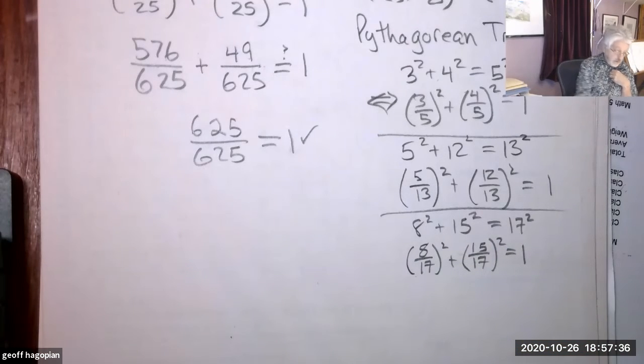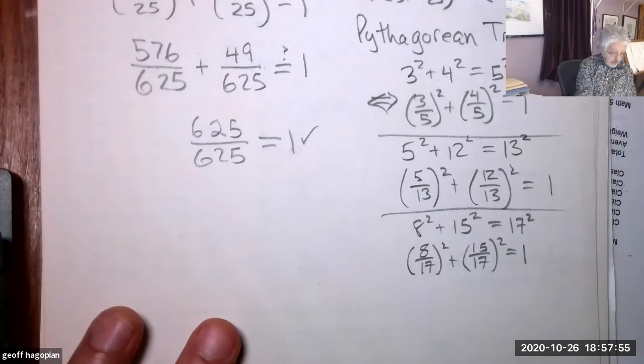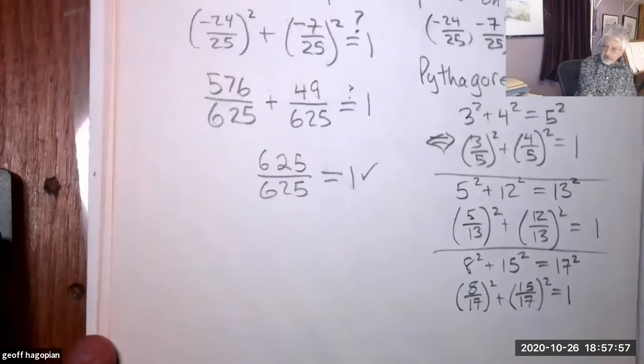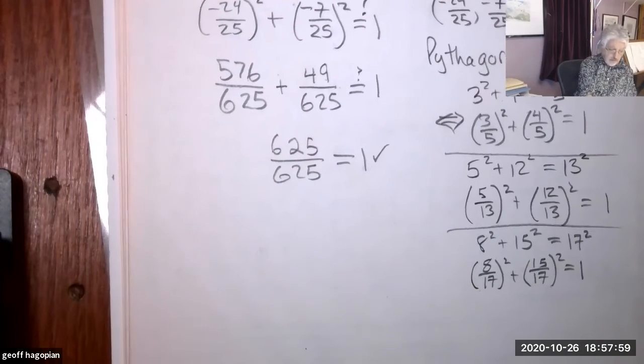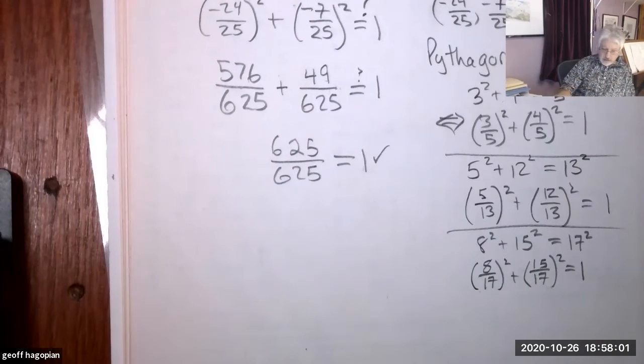So it could be either x is 8/17 and y is 15/17, or you could switch those around. x could be 15/17 and y could be 8/17, and you get a point, or they could all be either positive or negative. So in fact, it's like a house of mirrors. It's often an analogy I use for the unit circle.